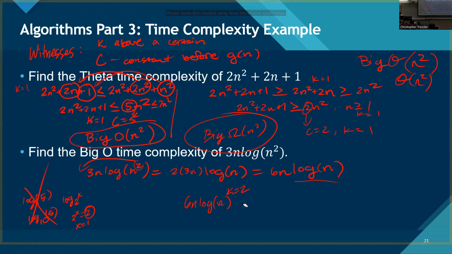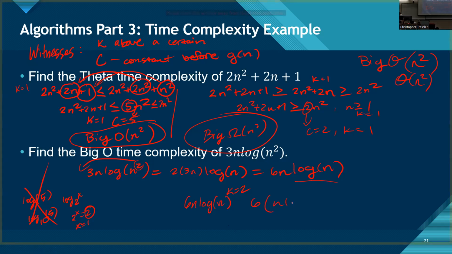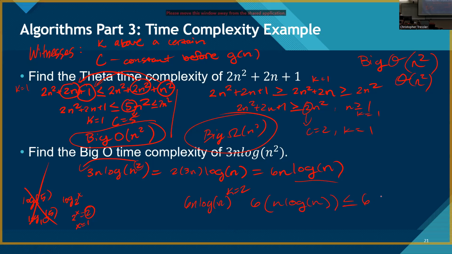We could just say that 6 is a constant. We could say 6 log of n is less than or equal to 6n log of n. So we could just say our witnesses are k equals 2, c equals 6.